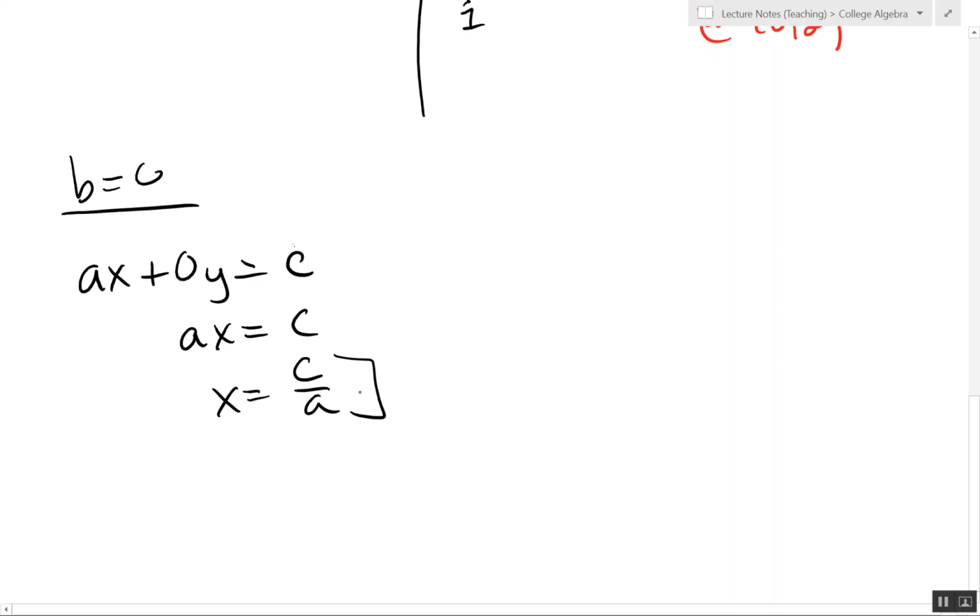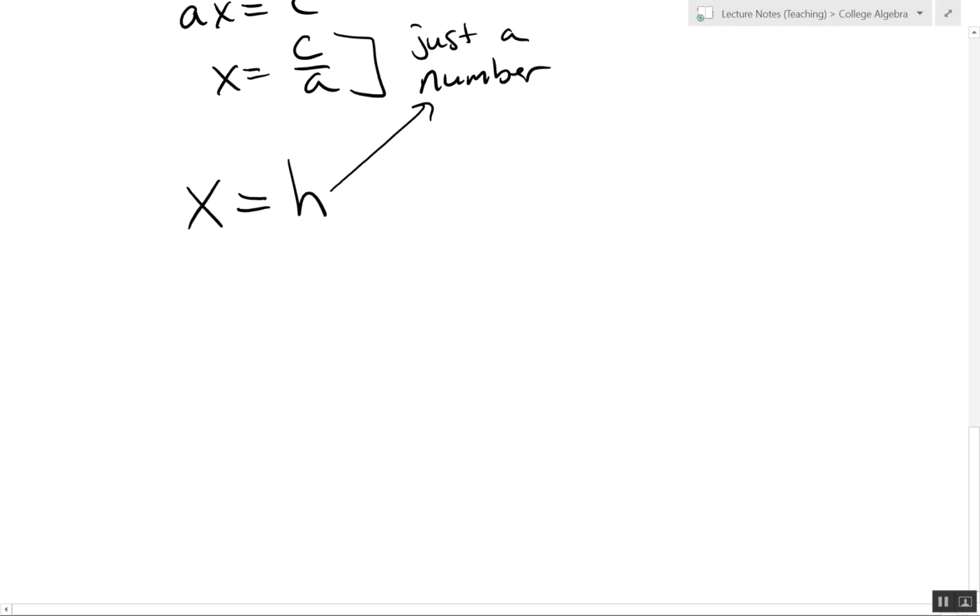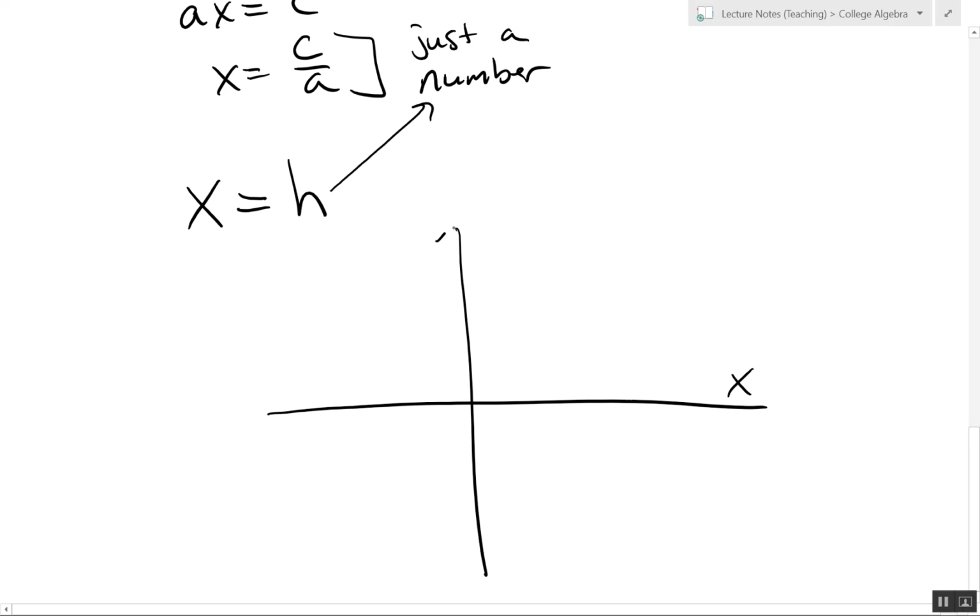And again, this is just a number. So we usually think of these as equations of the form x equals h, where h is just a number. And when you draw these, we actually get vertical lines because it doesn't matter what value of y we put in, we always get h back.